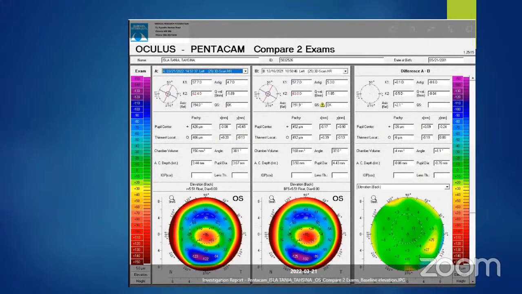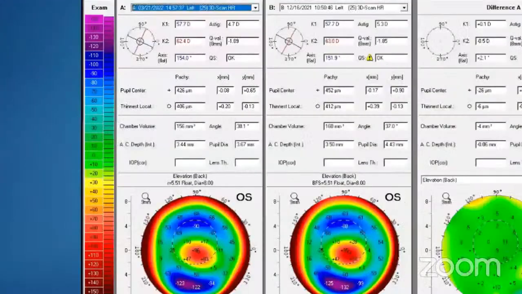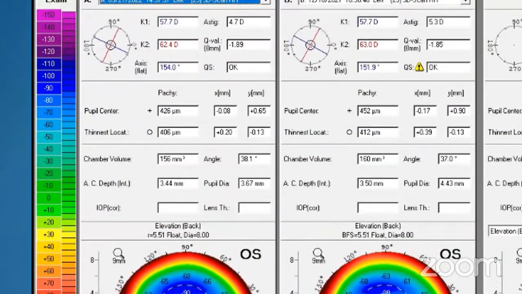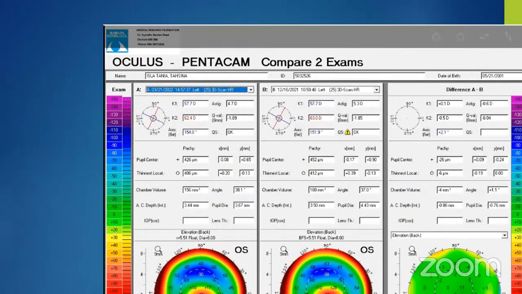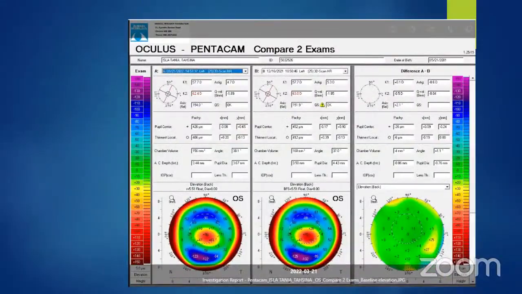So this is the left eye of the same patient. This patient is from Bangladesh. We had done one eye, and then she went back and came again, and now the left eye is done.